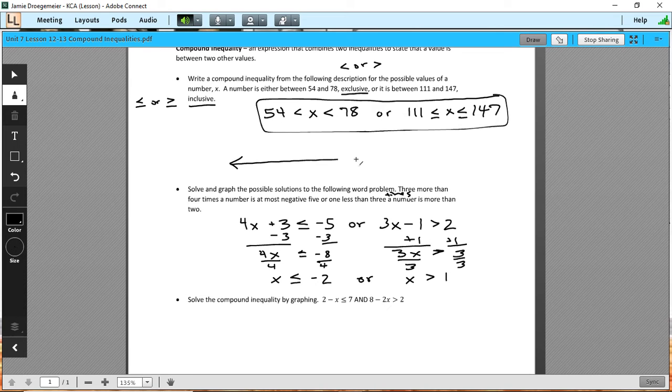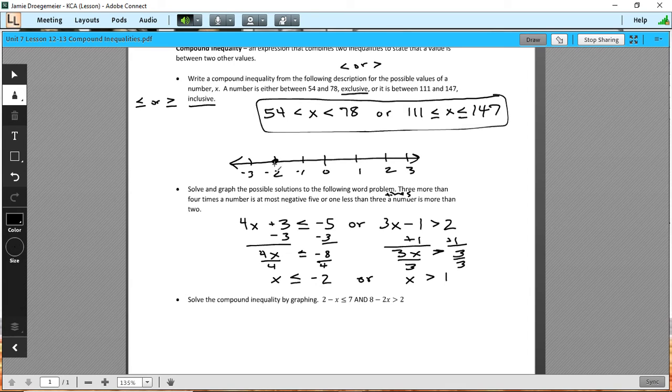To graph this, and I'm going to graph it up here since I've run out of room, we're just going to use a number line. We're just dealing with one variable x. We don't have x and y here, so it's just on a number line. So here's 0, here's 1, here's 2. We got -1, -2, -3, and so on. So x is less than or equal to -2.